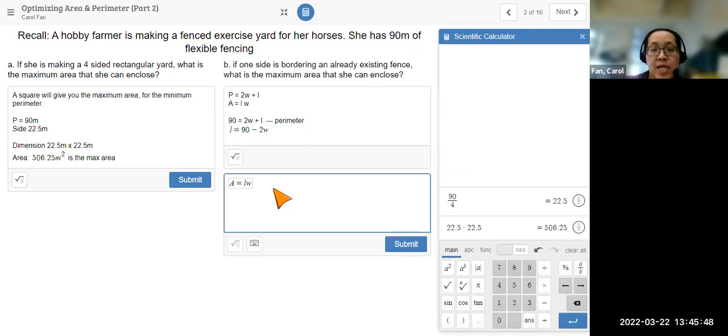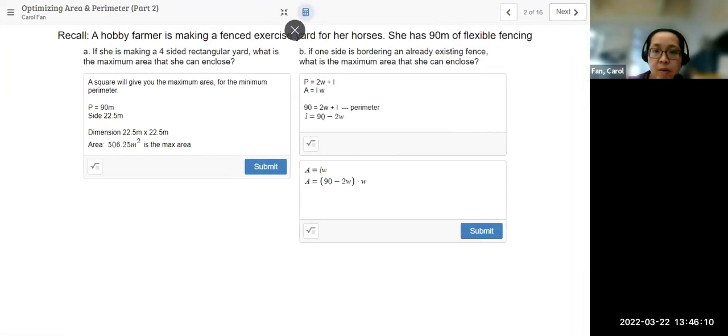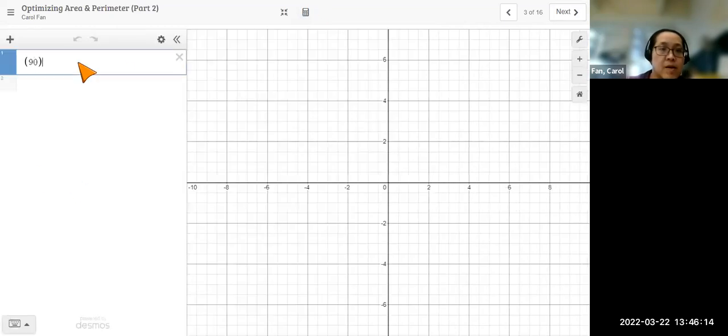So since area is length times width, I'm going to write area is equal to 90 minus 2W times W. So I can just use this equation, and I'm going to put this into a graphing calculator now. So 90 minus 2x times x.